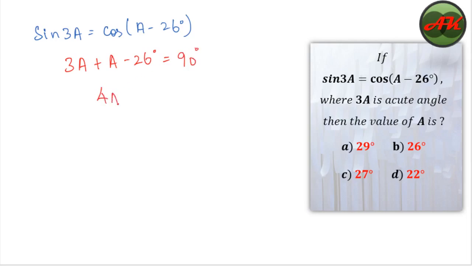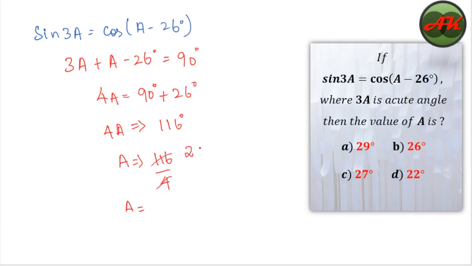So 4a is equal to 90 plus 26 degree. Altogether we get 116 degree. So 4a is 116, so a is 116 divided by 4. We get a as 4 2s are 8, remaining 3 6, so 36, 4 9s are 36. So 29 degree is the answer. Option A.